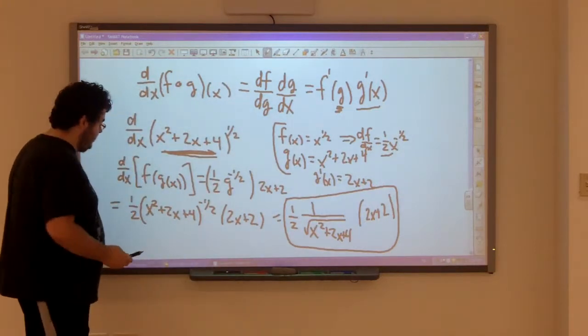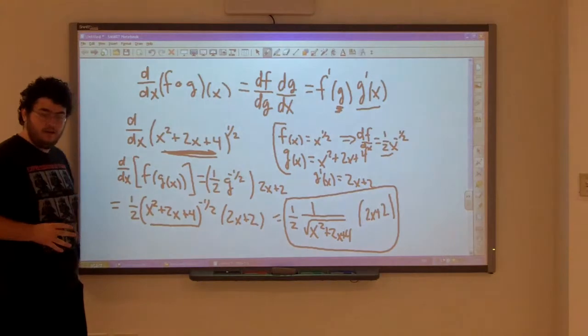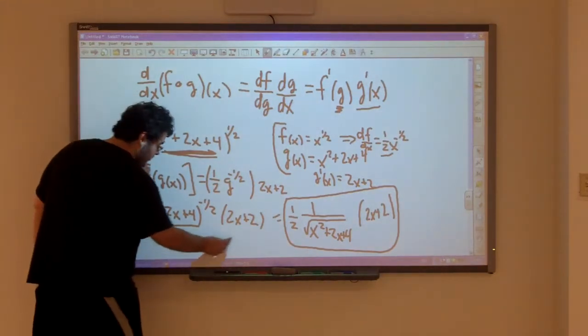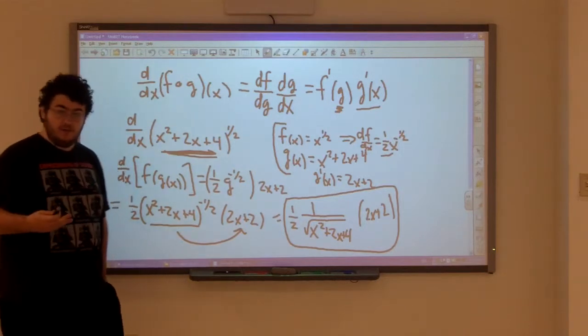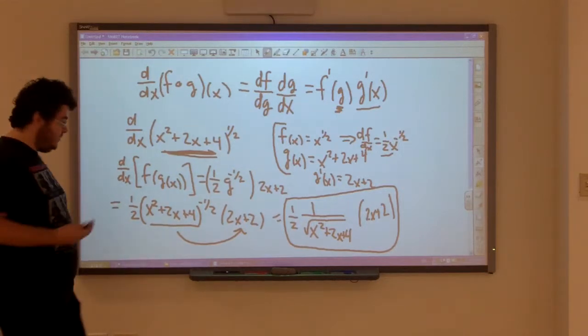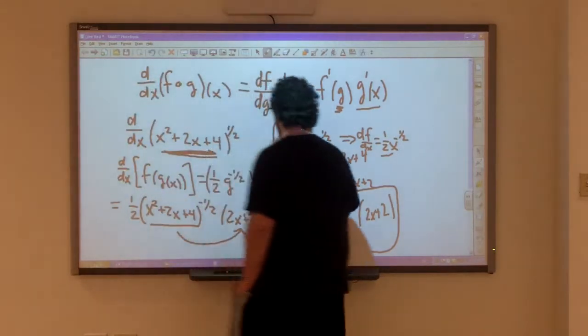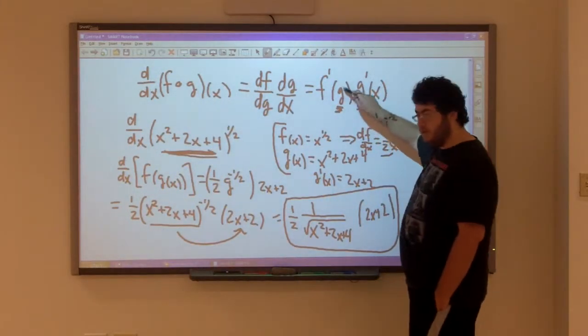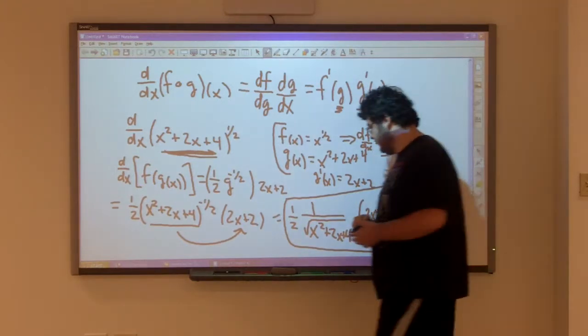So all we're doing is we're taking the derivative, leaving the inside alone. And then we just come over and multiply by the derivative of the inside. So that's what you can think of the chain rule as. You take the derivative, leaving the inside alone, and then multiply by the derivative of the inside. And this corresponds to this fancy notation up here, the derivative of f with respect to g times g prime of x. So let's do another example.